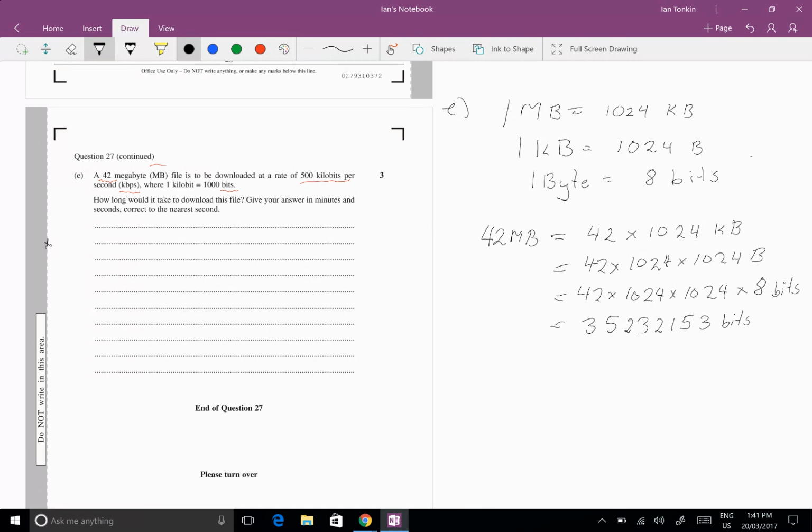But our timing is done in kilobits per second. So let's convert that to kilobits. So to convert that to kilobits equals 35232153 divided by 1,000, because there's 1,000 bits in a kilobit. So, kilobits.